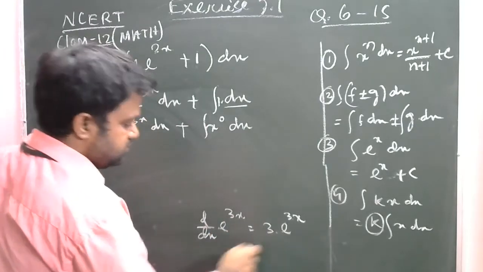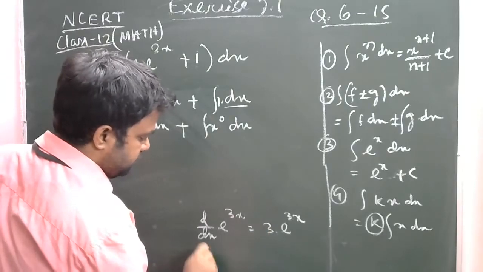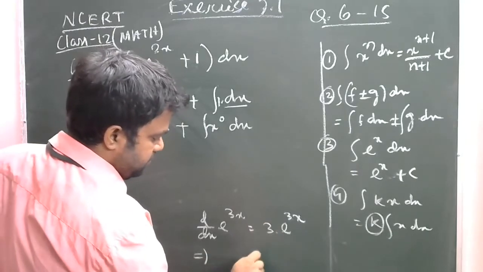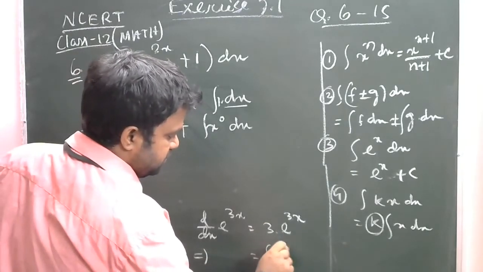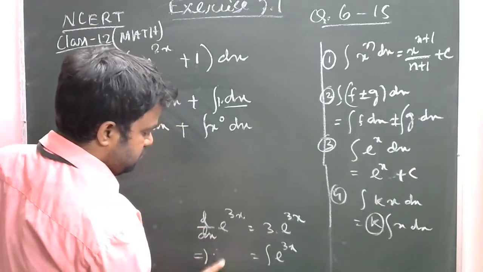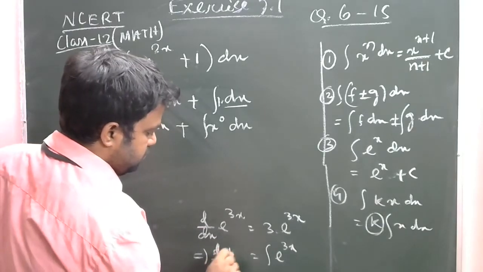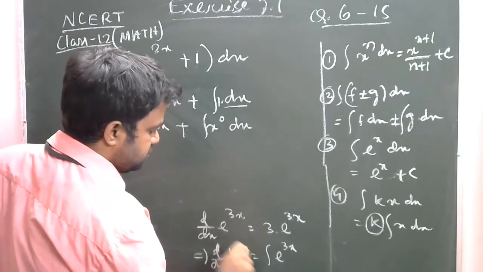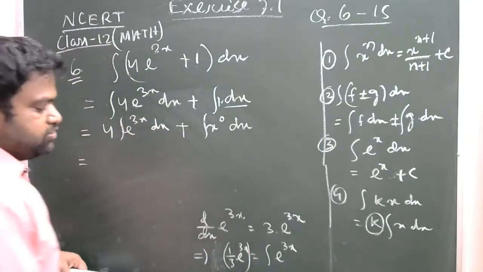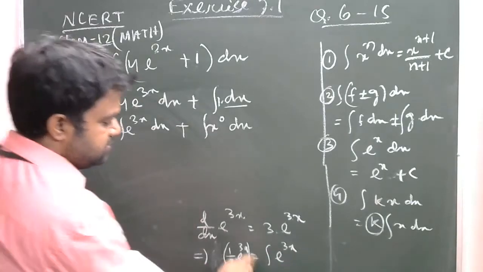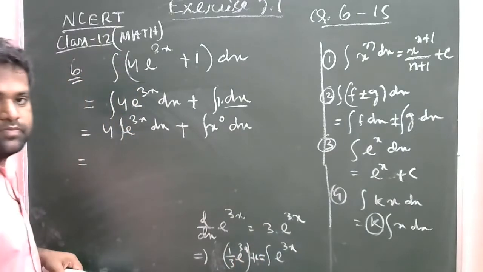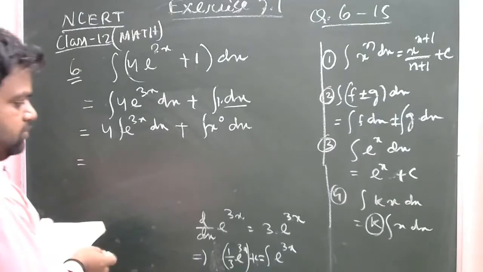So integration of e to the power 3x is equal to 1 upon 3 times the derivative of 1 by 3 e to the power 3x. Okay, integration of e to the power 3x is 1 by 3 e to the power 3x plus c. So we can write in this way.